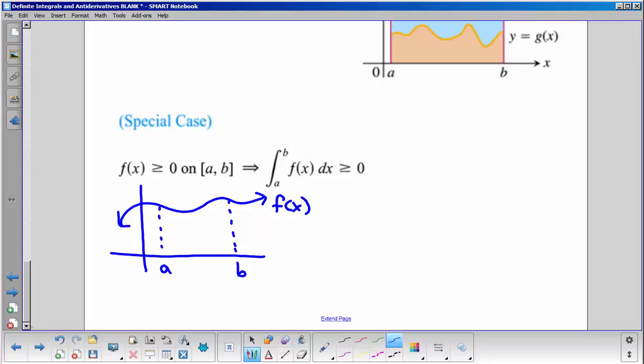And what's my second function? It's g of x is equal to, we'll just say g of x is equal to 0. What has to be true of the area? The area has to be greater than 0 because it's above the x-axis, right?